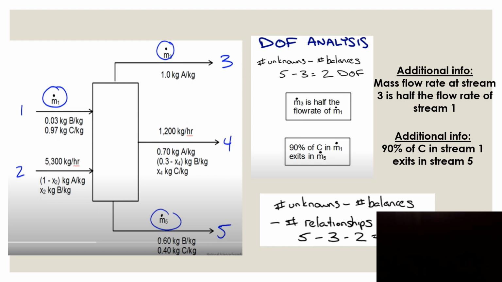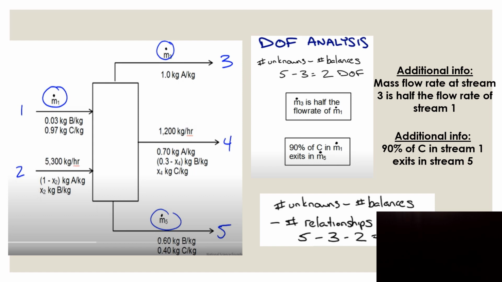So, unknown minus balance minus number of relationships. So we have number of unknowns 5 minus 3 materials, A, B, and C. And then we have other additional info, which is M3 is half the flow rate of M1 and 90% of C in M1 exits in M5.